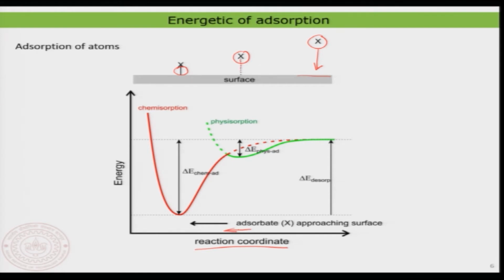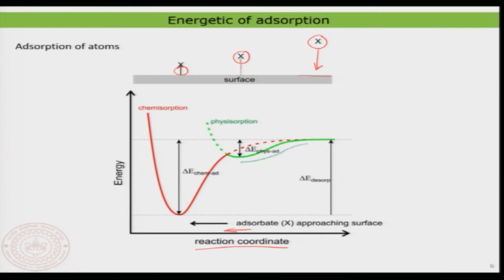Now, when the atom is approaching the surface, you would naturally imagine that the interaction starts to gain, which means the total energy of the approaching atom is decreasing. And as a matter of fact, you can see that the energy is going down like this, right.